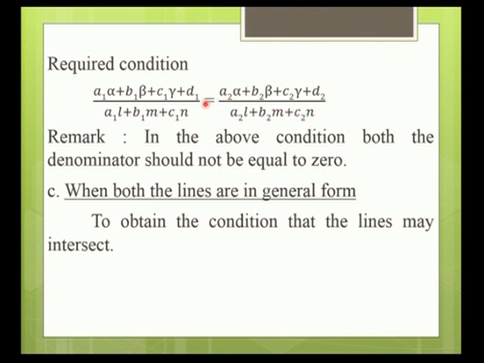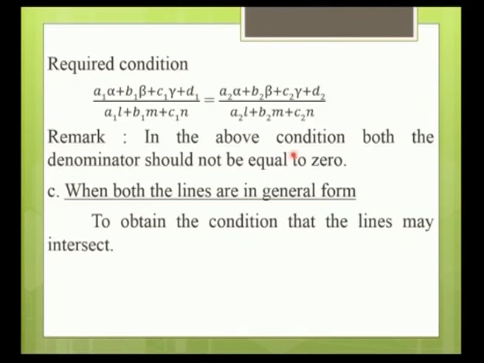So this is the required condition for the two lines to be coplanar, when one line is in symmetrical form and the other is in general form.